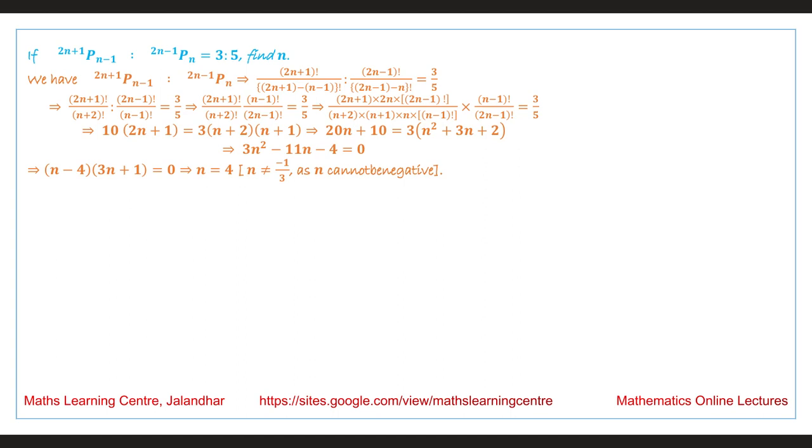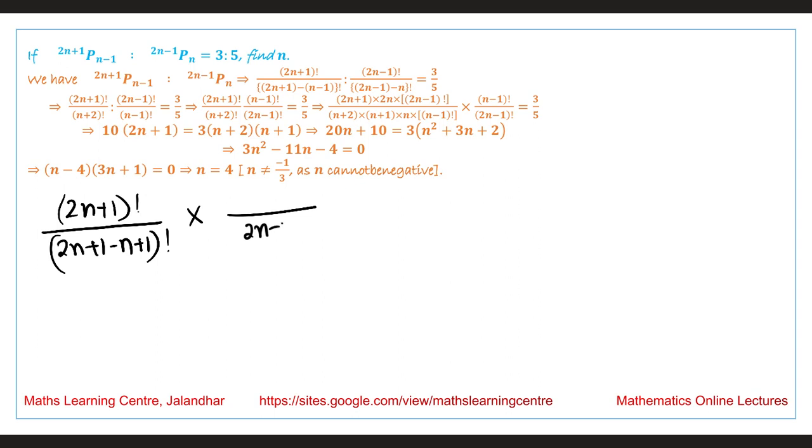Next is (2n+1)P(n-1). It is (2n+1) factorial divided by (2n+1 minus (n-1)) factorial, into (2n-1) factorial divided by (2n-1 minus n) factorial, and the value is given to be 3 by 5.